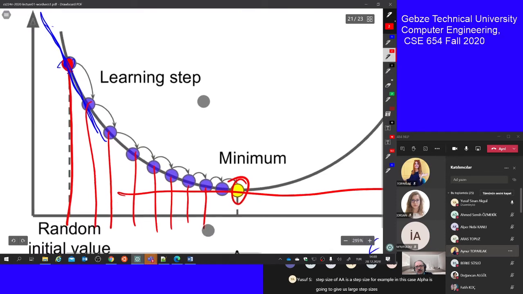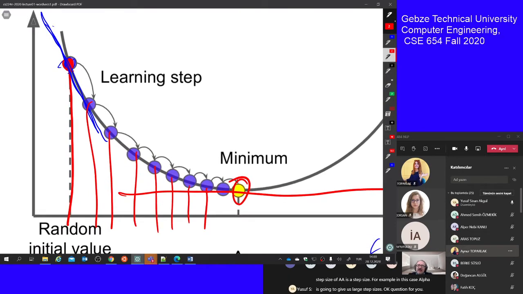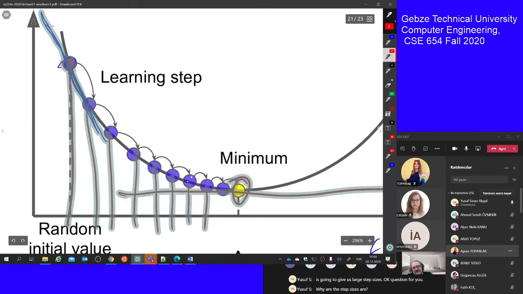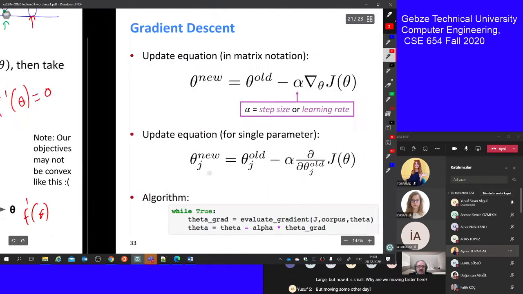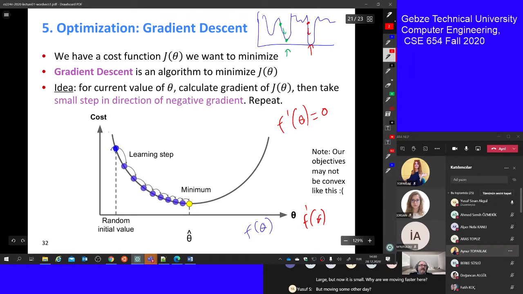For example, in this case, alpha is going to give us large step sizes. Okay, question for you. Why are the step sizes in this case large, but now it is small? Why are we moving faster here, but moving smaller there? Anybody?